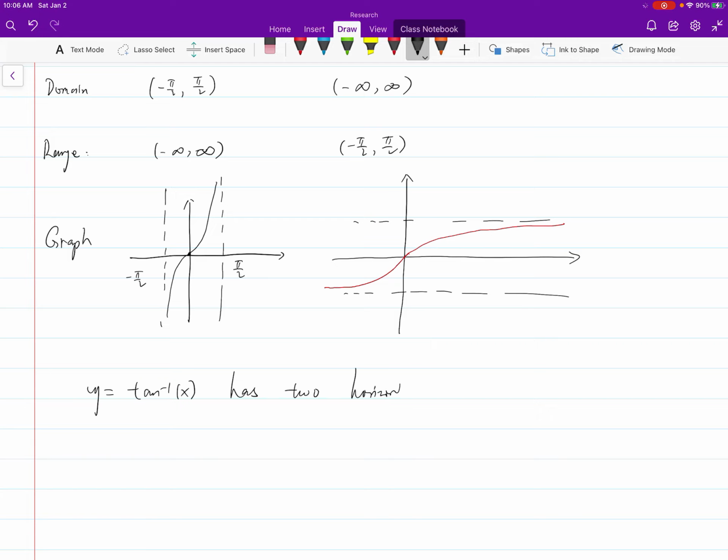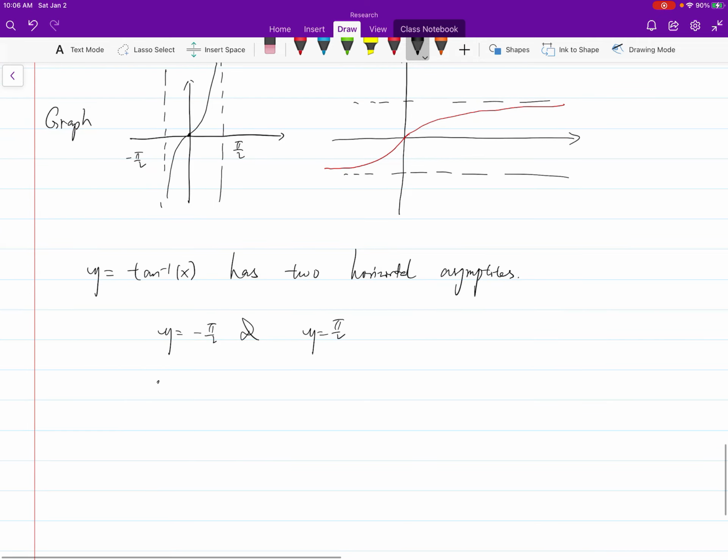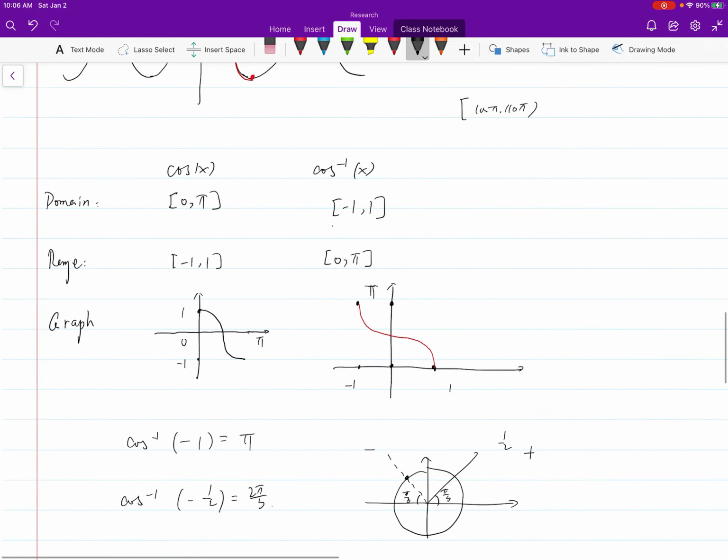So I do want to mention here, that it has 2 horizontal asymptotes. This is at negative infinity, this is at infinity. This graph is very important, so make sure you know it, and you will see it again and again and again in calculus. It does have a lot of nice properties.